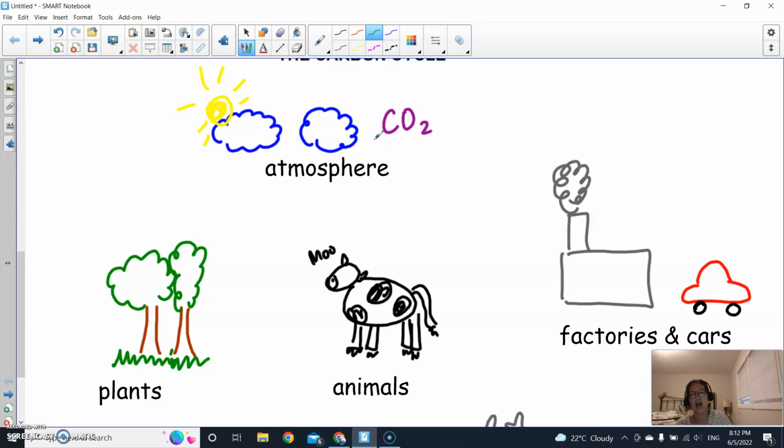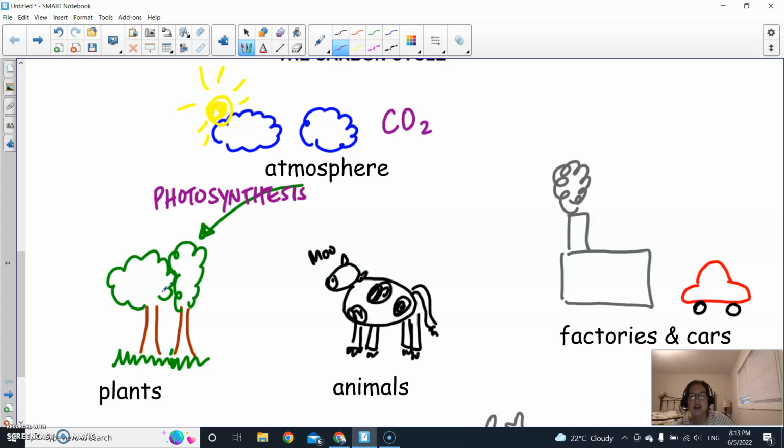What happens is that carbon dioxide is absorbed from the atmosphere into plants through photosynthesis. So we're going to label it as photosynthesis.